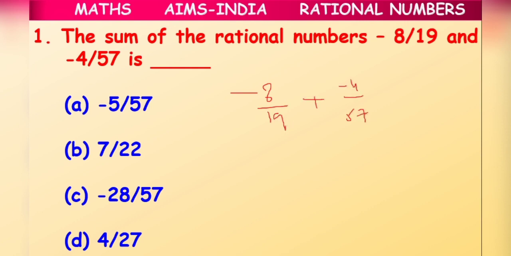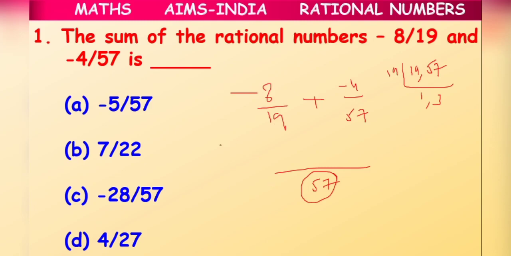What is the LCM of 19 and 57? 19 1s are 19, 19 3s are 57. So the LCM is 57.